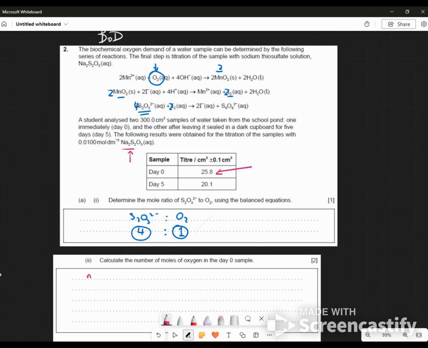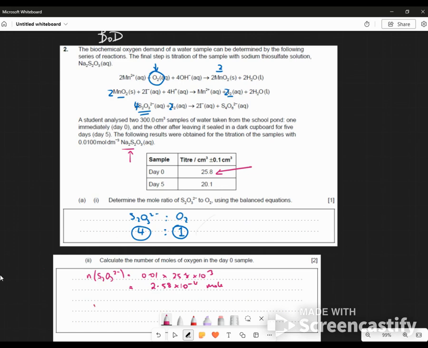So the number of moles of S2O3 2 minus is equal to 0.1 times 25 times 10 to the minus 3, which is using that, which is 2.58 times 10 to the minus 4 moles of that. Okay, so that's the number of moles of thiosulfate.